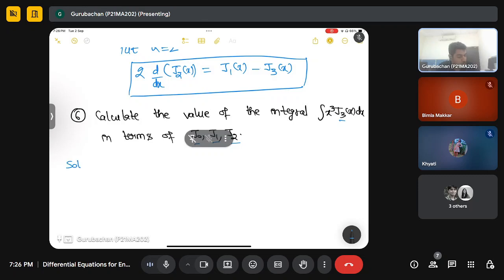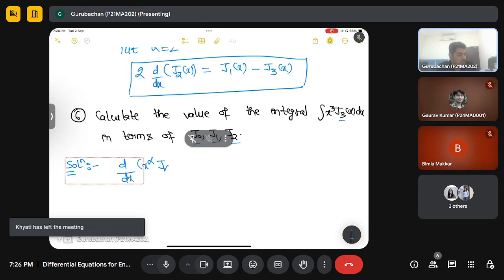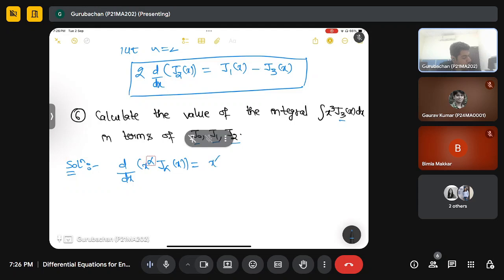So let me recall the properties. One property is x to the power alpha J alpha x is x to the power alpha J alpha minus 1 x, and another property is x to the power minus alpha J alpha x is minus x to the power minus alpha J alpha plus 1 x.